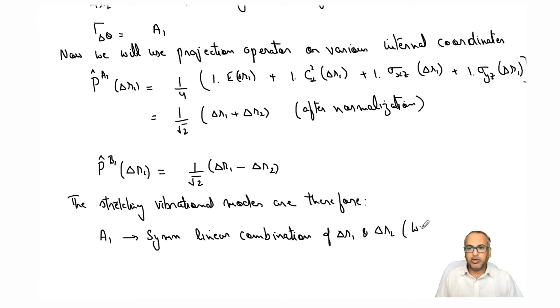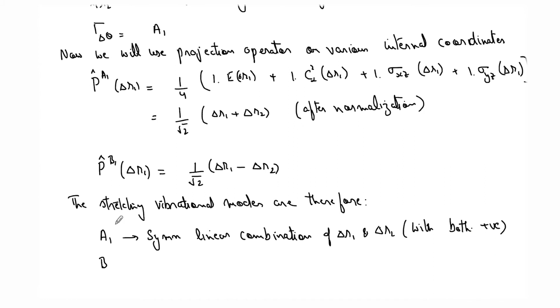Both are positive, right? We have delta R1 positive and delta R2 positive. Now what is B1? B1 is an antisymmetric linear combination of delta R1 and R2 where one is positive and the other is negative.